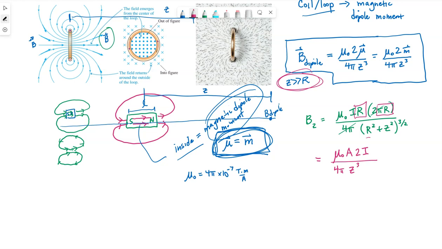It's essentially 0 compared to Z, and so that leaves me with the Z cubed.